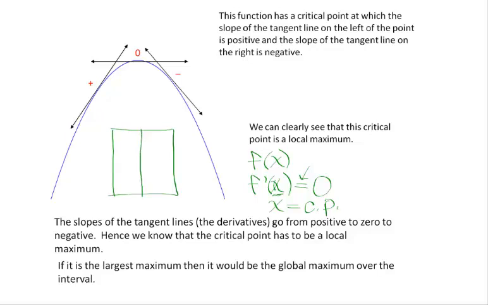Then we would do what we did for increasing, decreasing. We would take all of those critical points, how many ever we had, we'll call this critical point 1 and that critical point 2. We would find test points to the left and to the right. This would also have to be less than critical point 2, and that would have to be greater than critical point 2. And we would plug those test values into our derivative function.